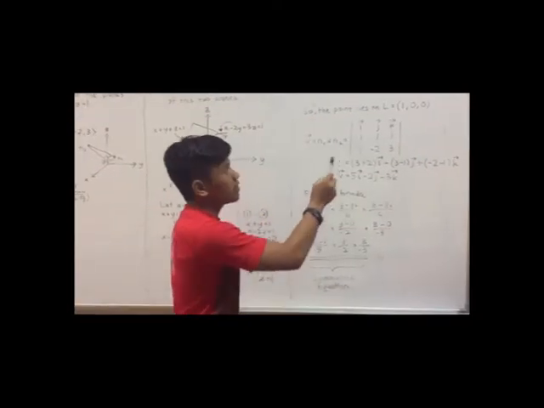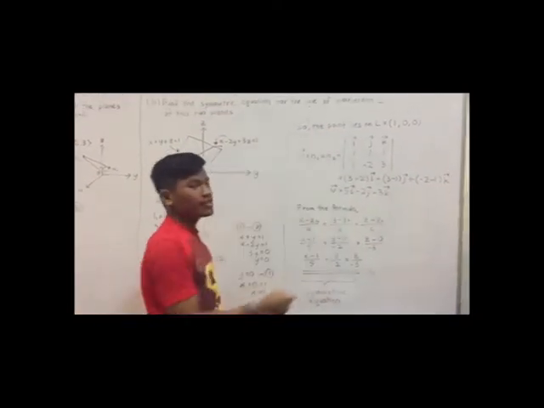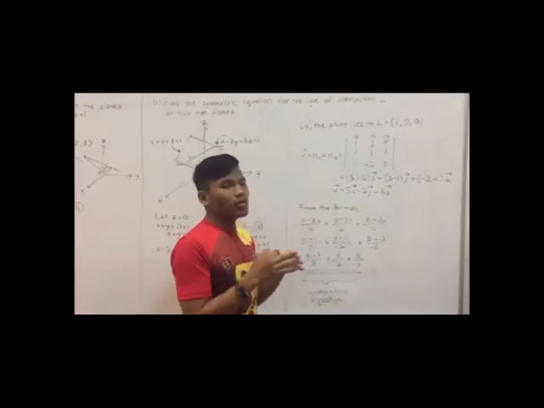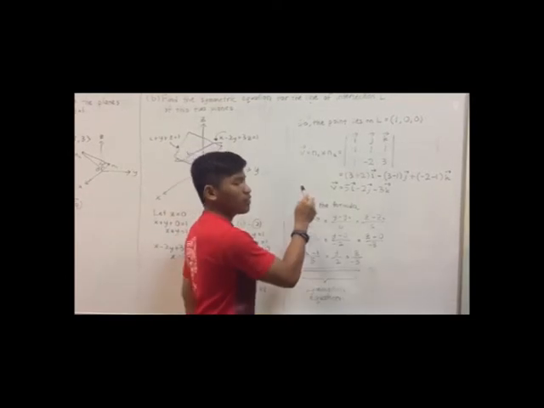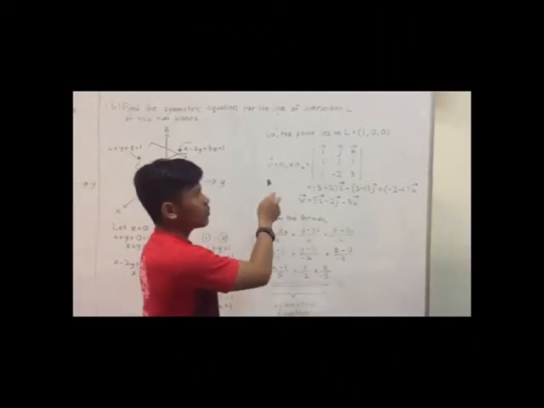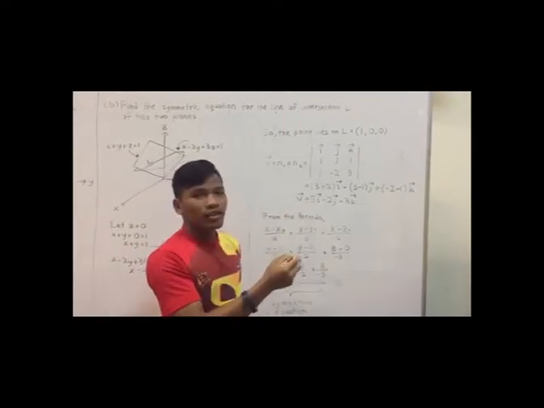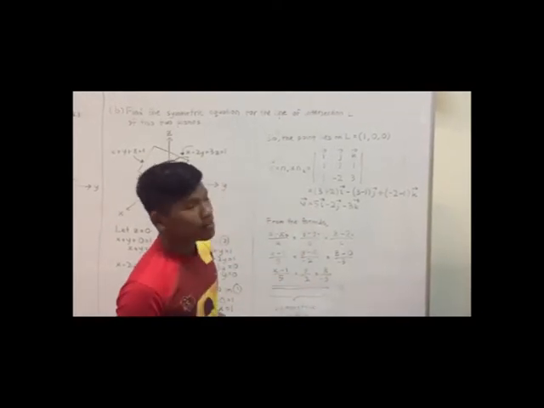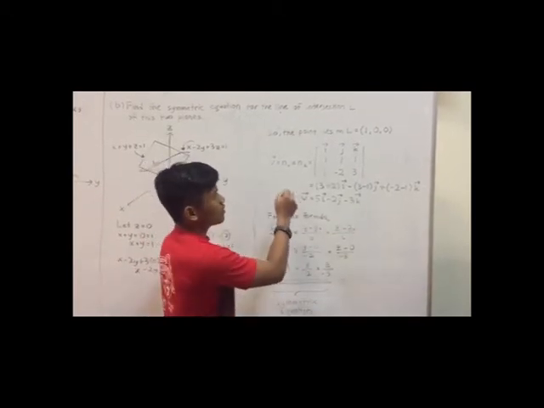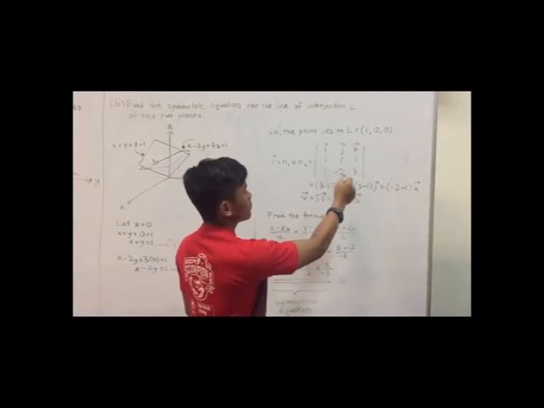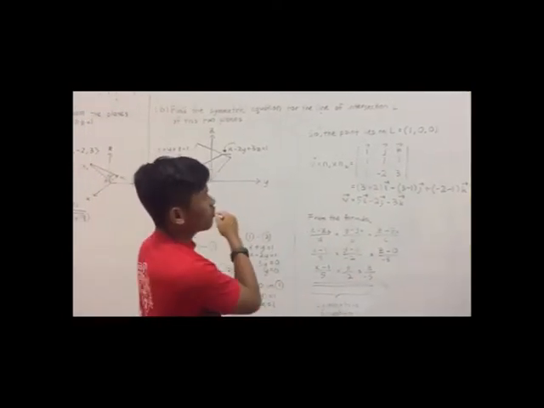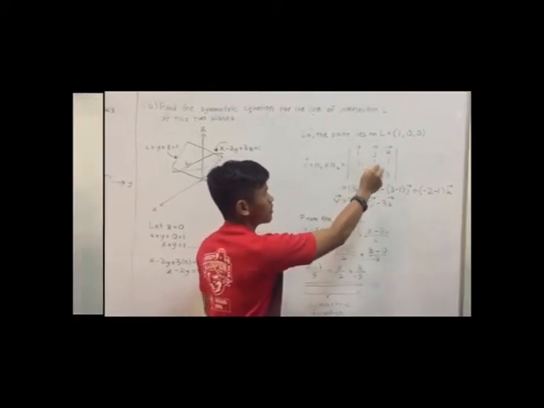As we know, the intersection L lies on both planes, so it is perpendicular to both of the normal vectors. So we use the cross product to find the vector v that is parallel to the intersection L. We use this formula and substitute the normal vectors into it.